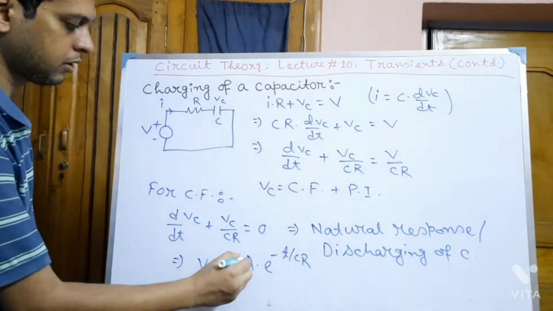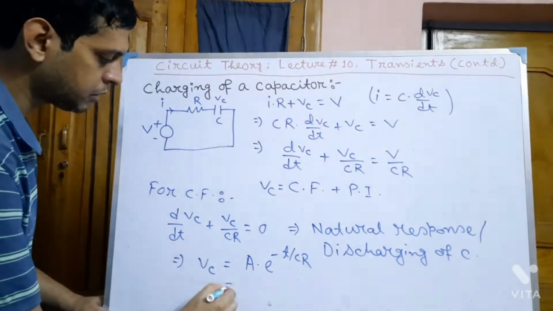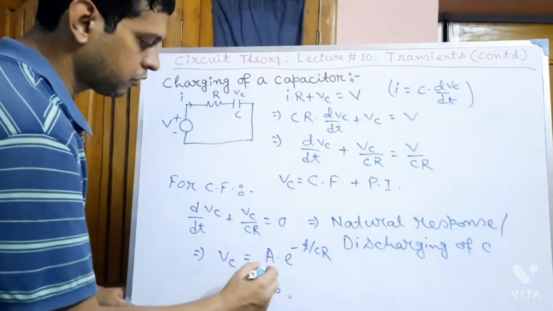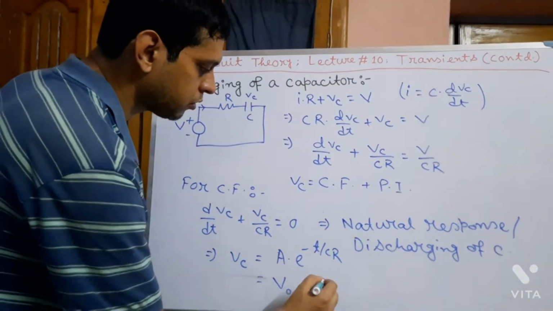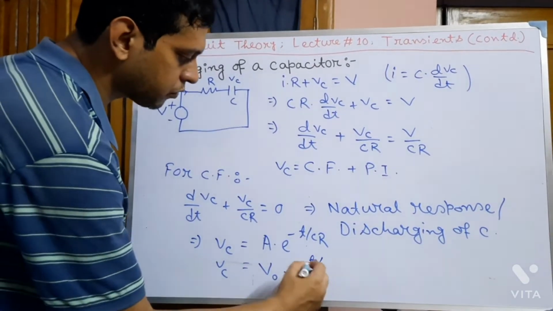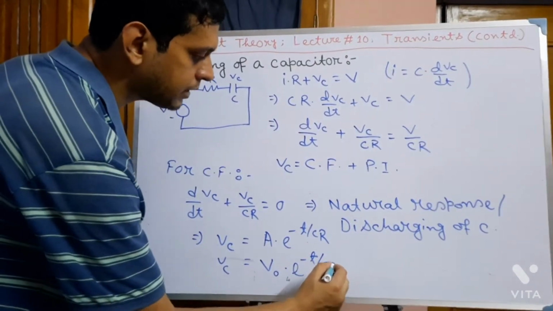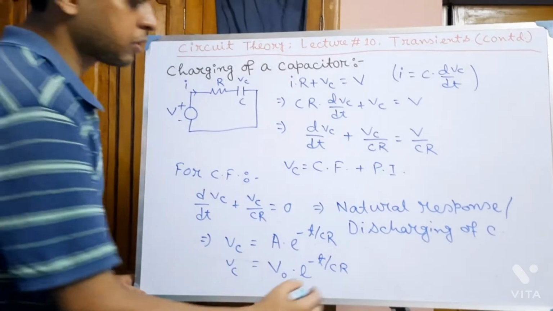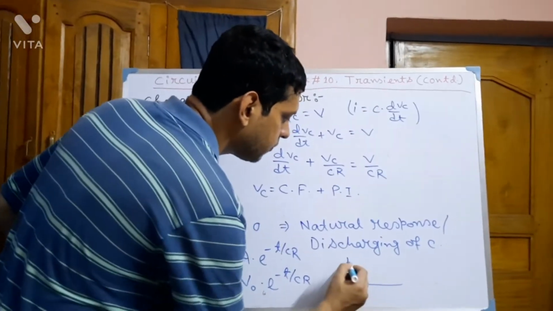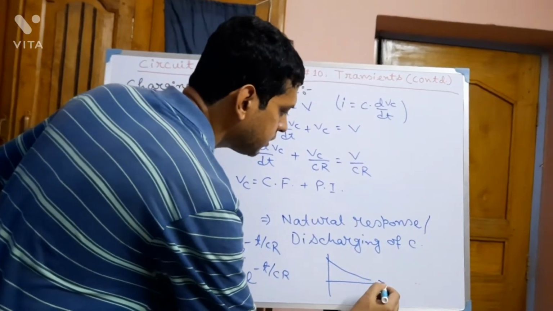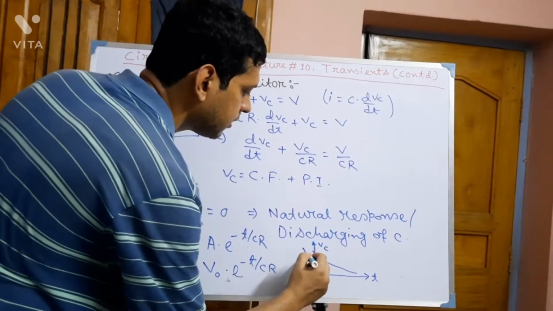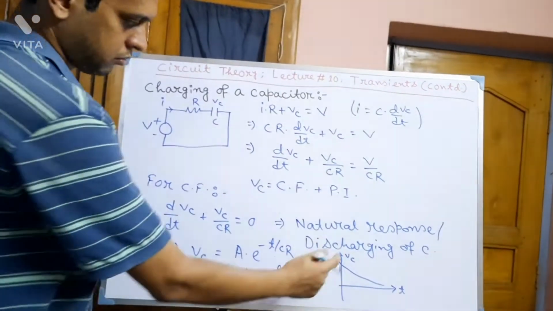Now A is the initial condition. If the initial voltage across the capacitor is V0, then A equals V0, so Vc equals V0 e to the power minus t by CR. The graph of Vc with t was like this one.